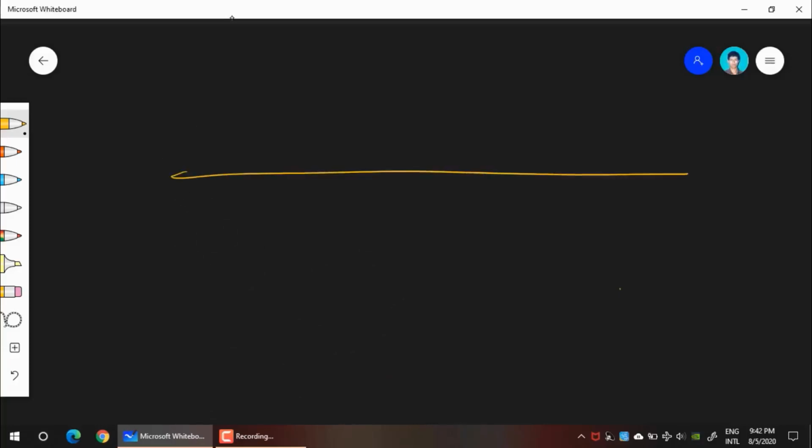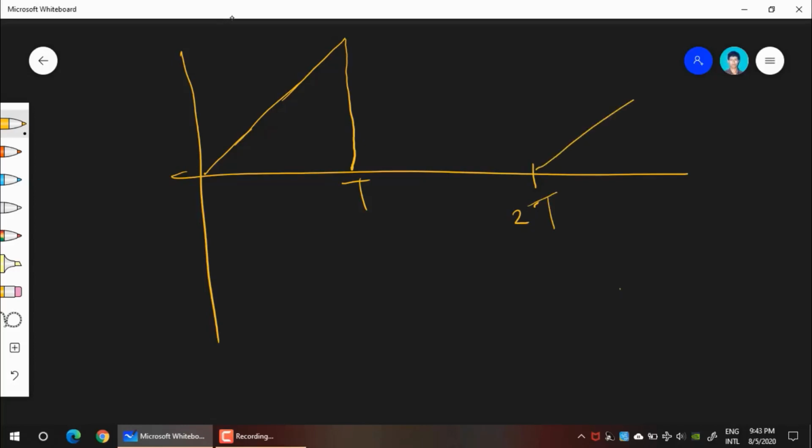Suppose we have a periodic signal. So it is like this. You can calculate its RMS value. You will find some value.